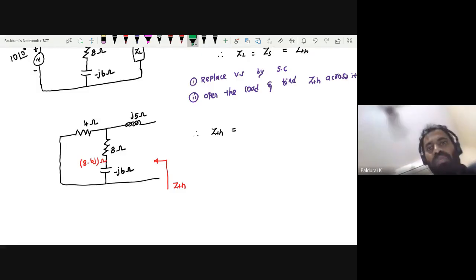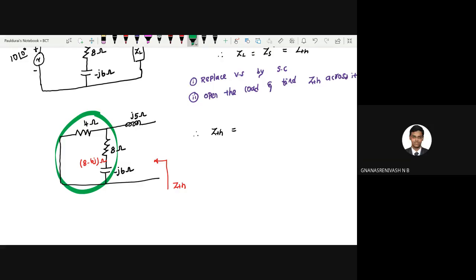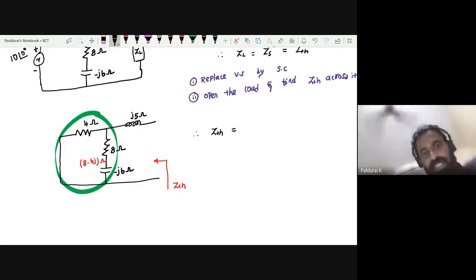Now how are this 8 minus J6 and the 4 ohm connected? Parallel. So I can write 4 in parallel with 8 minus J6.